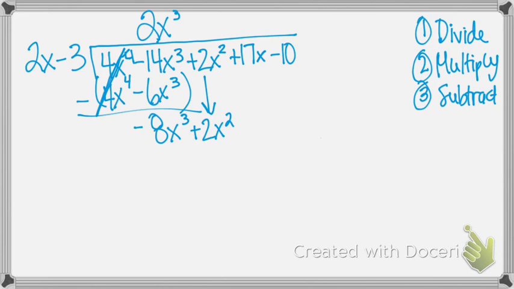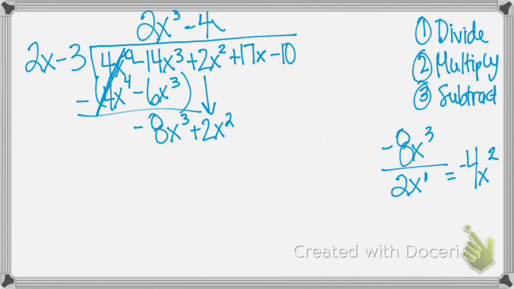Now, I'm going to start the process over. Negative 8x cubed divided by 2x. Well, negative 8 divided by 2 is a negative 4. X cubed divided by an x is an x squared. We multiply negative 4x squared times 2x minus 3.